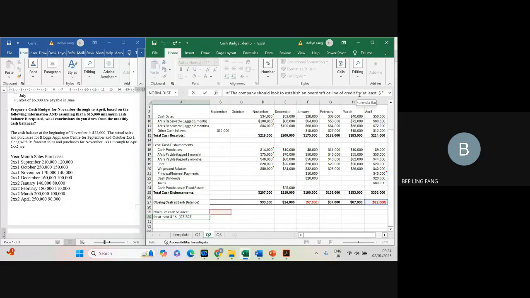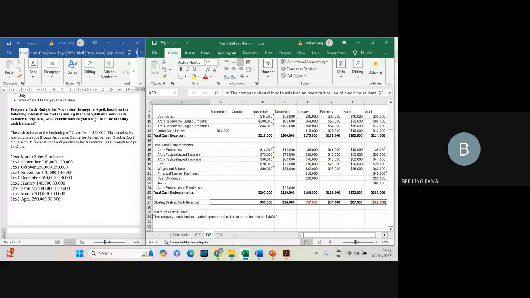That is not correct, right? It should be plus 22,000, because you need to pay this one and at the same time you must have the balance of 15,000, correct?